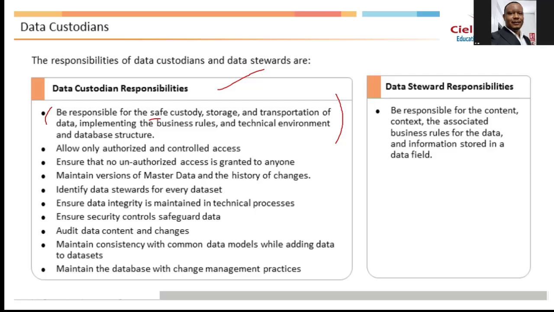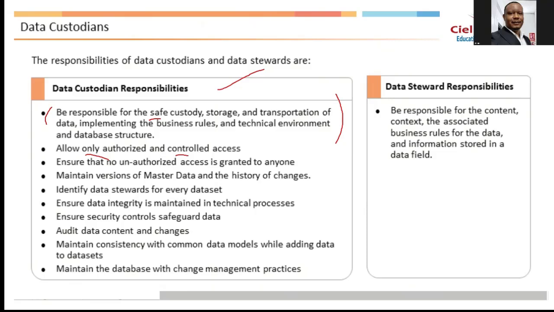Aside from that, the data custodian also allows only authorized as well as controlled access. That's another responsibility of the data custodian. They must enforce rules that allow only authorized personnel to access data, making sure that permissions as well as access controls are in place. They should also help in preventing unauthorized access.